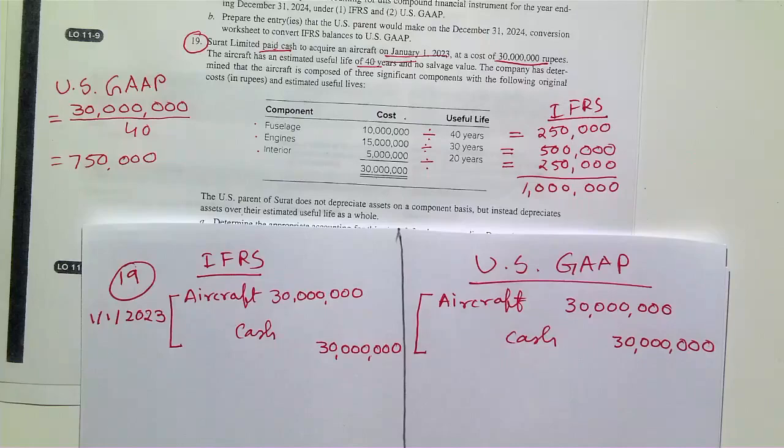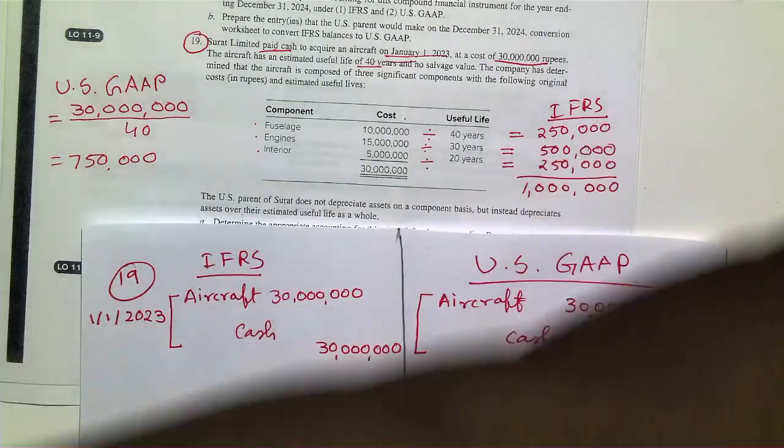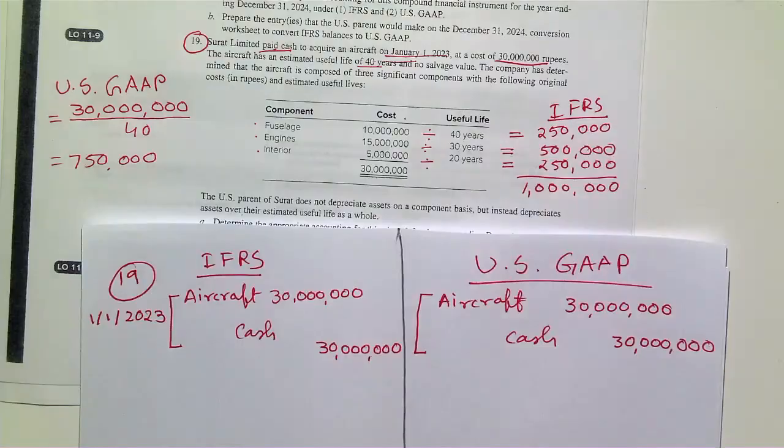So then what happened? December 31st, you calculated the depreciation. Who can remember the depreciation journal entries? SC 221 depreciation. How do we record the depreciation expense? Good job. Go ahead. Debit what?